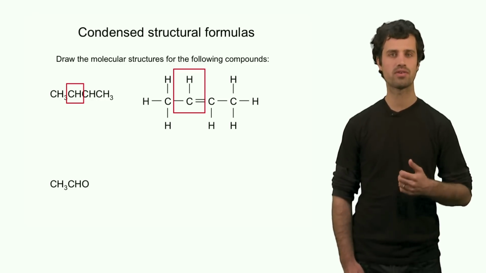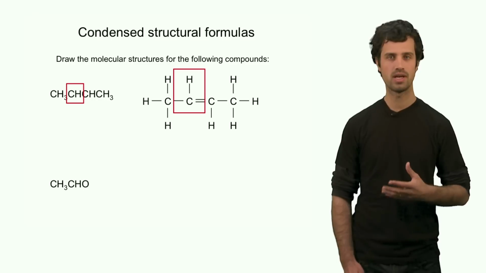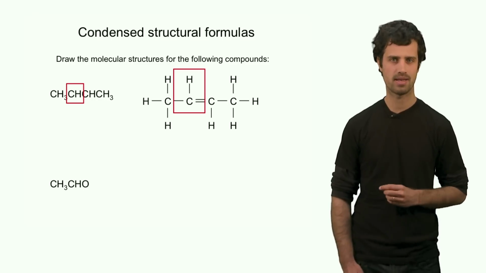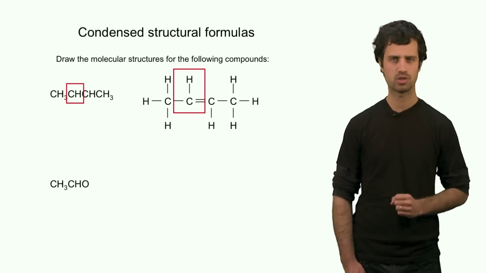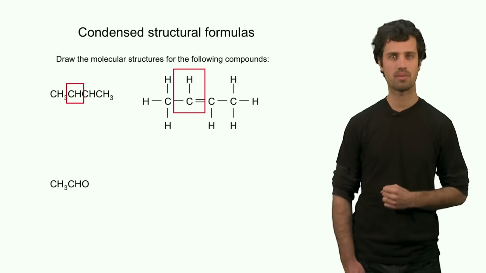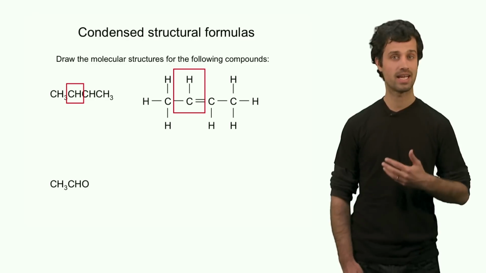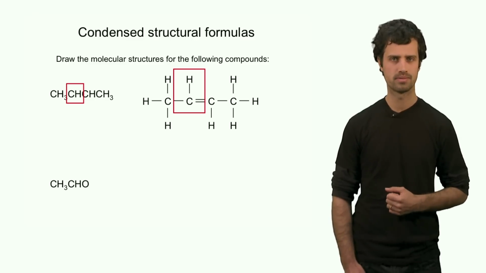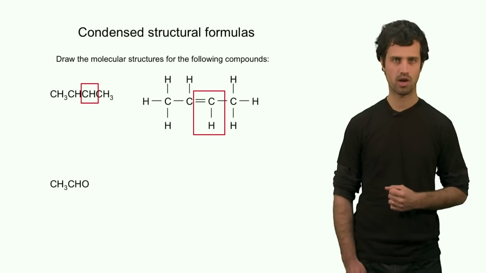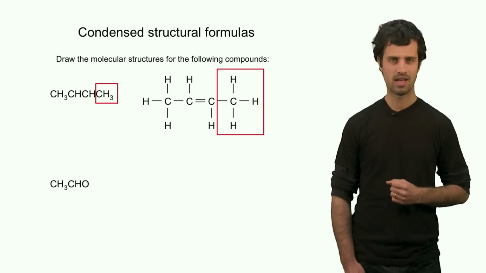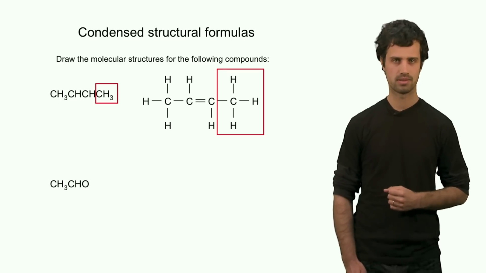However, it must have 4 bonds. That means this CH unit must contain a double bond. A double bond in this case must be to the right, because to the left there's a carbon atom that already has 4 bonds. It cannot accommodate another one. Then another CH unit, followed by, all the way to the right, a CH3 unit.